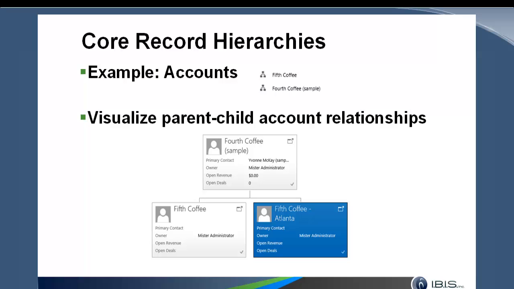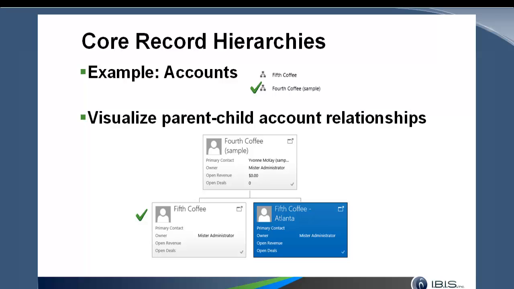If I take, for example, the Fourth Coffee account record, or rather I should say, if I make a brand new account record, Fifth Coffee, and I say that its parent company is Fourth Coffee, then when I return back to the list of accounts, that little hierarchy symbol will appear.